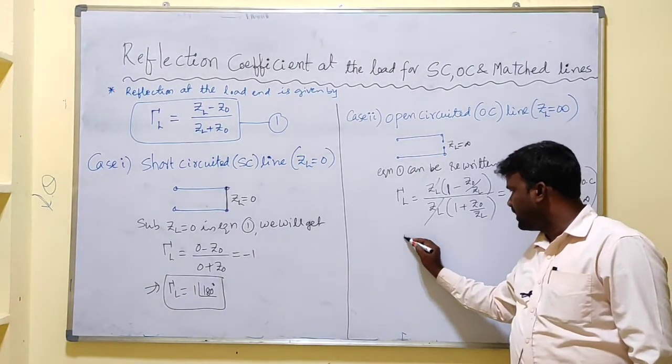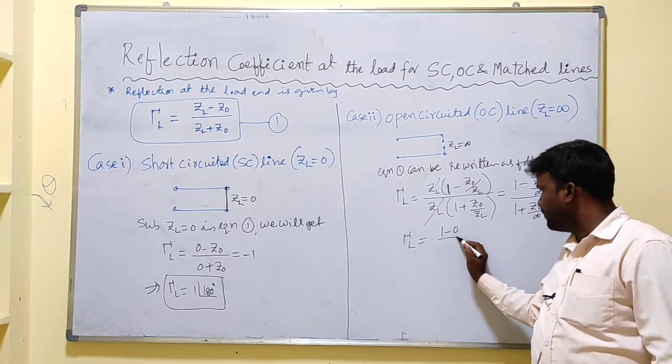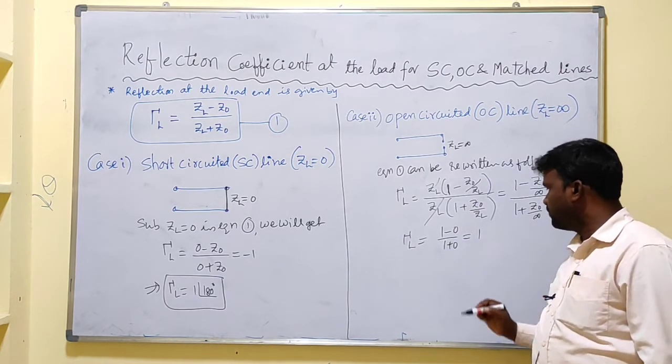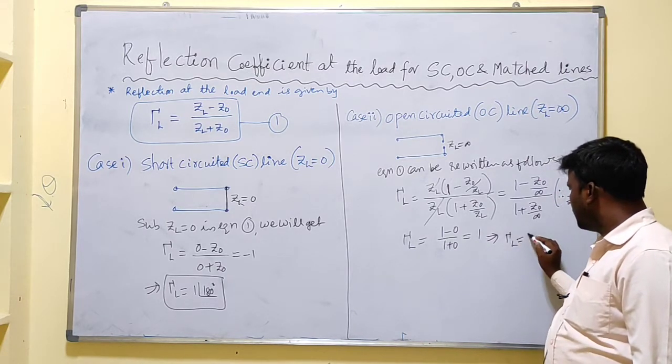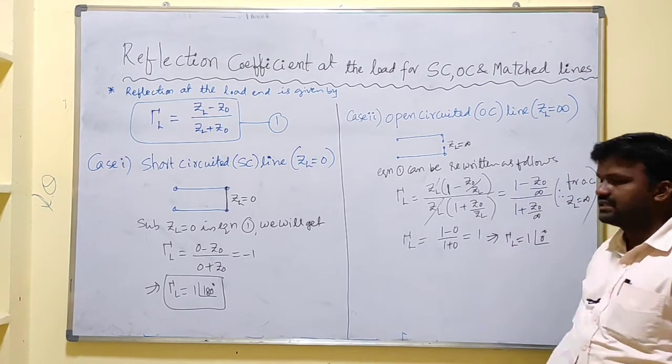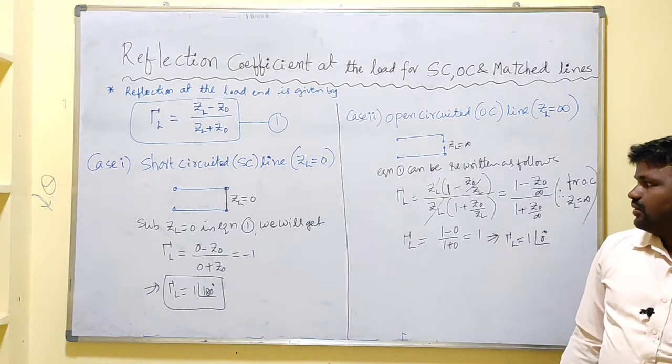Now gamma L is 1 minus 0 by 1 plus 0, which equals 1. So gamma L equals 1 at an angle of 0 degrees.